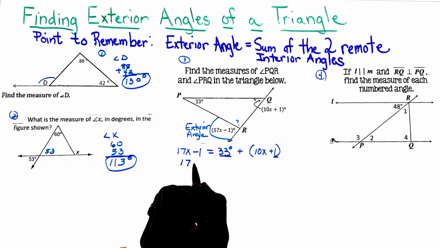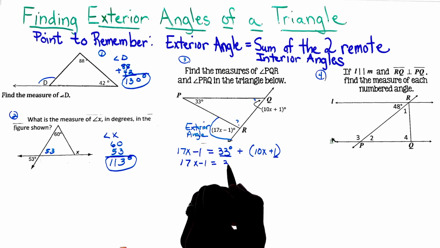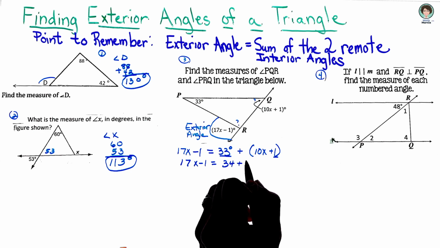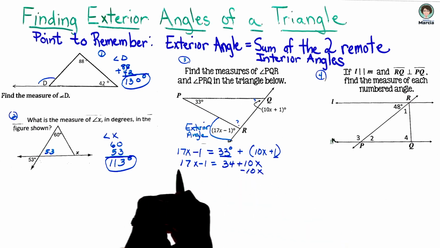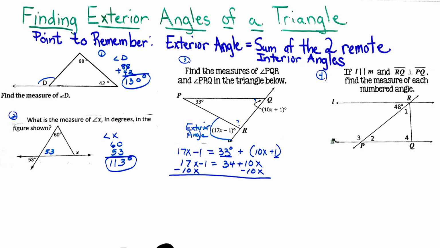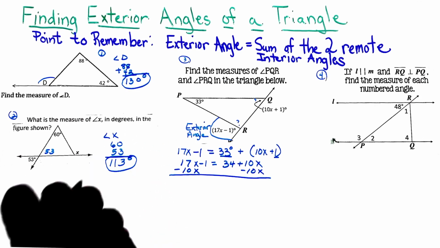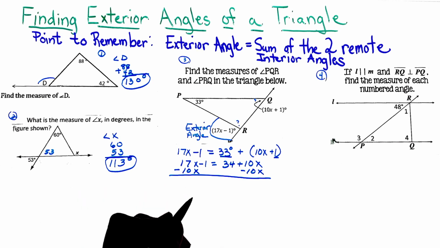So I'm just copying 7x minus 1 equals, we have a 34 plus our 10x. Well, we know we have to subtract the 10x to move it to the other side. Notice how we're using our solving equation skills in order to find measures of exterior angles. Math is foundational. You're going to use your skills from the past.